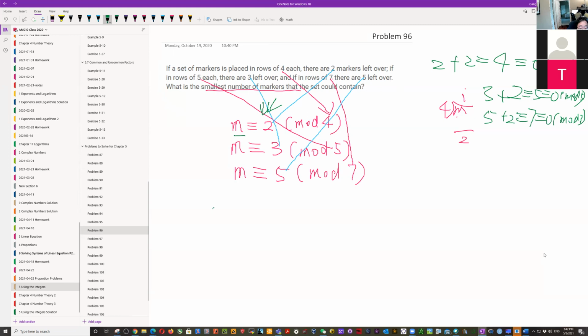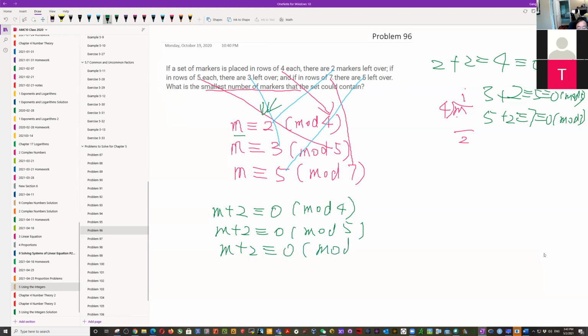So basically, m plus 2 is congruent to 0 mod 4. And m plus 2 is congruent to 0 mod 5. And m plus 2 is congruent to 0 mod 7.